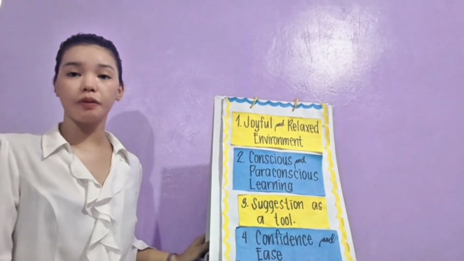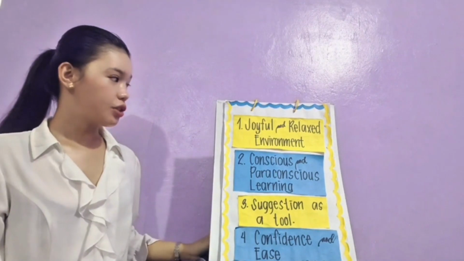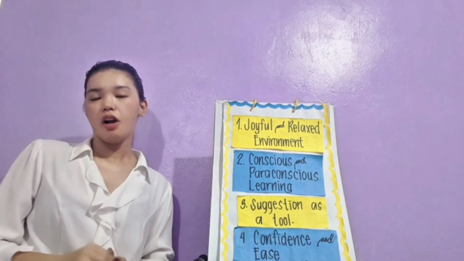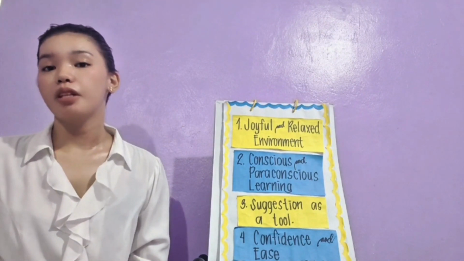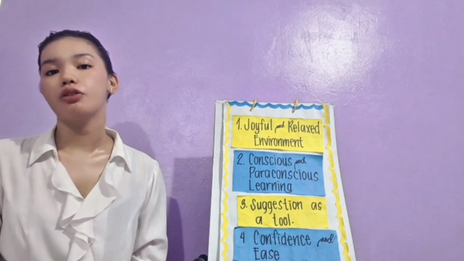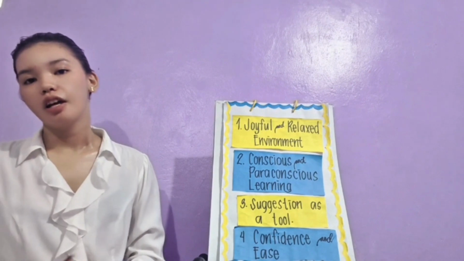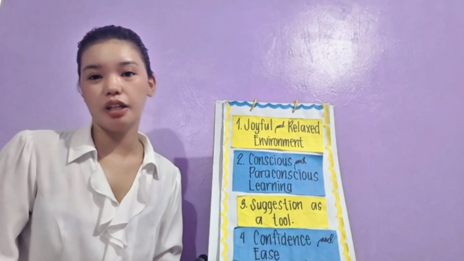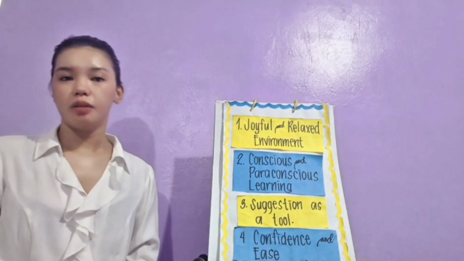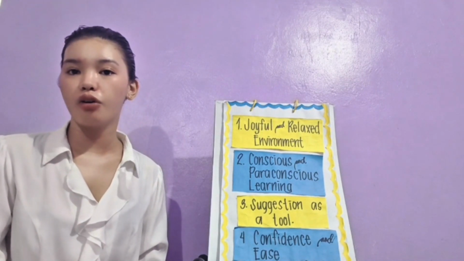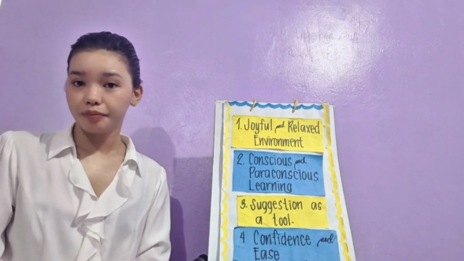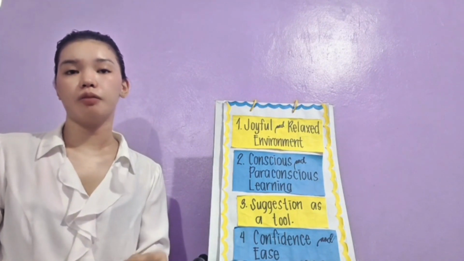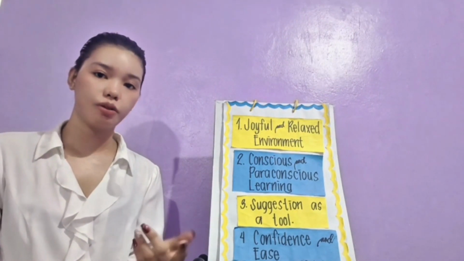So the first principle in the Desuggestopedia is a joyful and relaxed environment. Why is it important in the method of the Desuggestopedia to learn in a joyful and relaxed environment? Because in the Desuggestopedia, the classroom setting or the environment where the students are learning has a vital role in shaping the learning or the knowledge of the student.